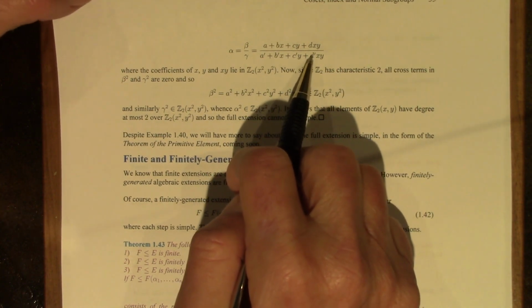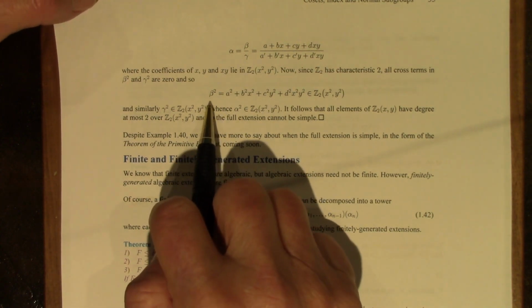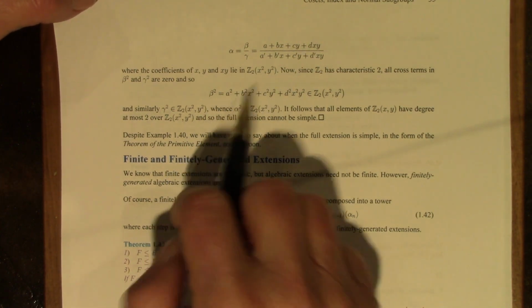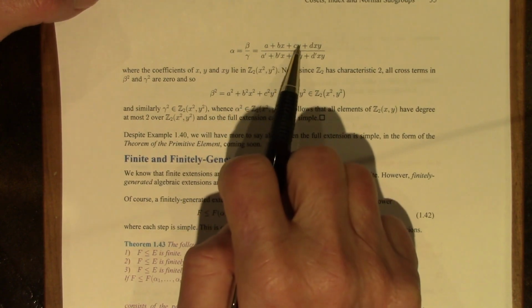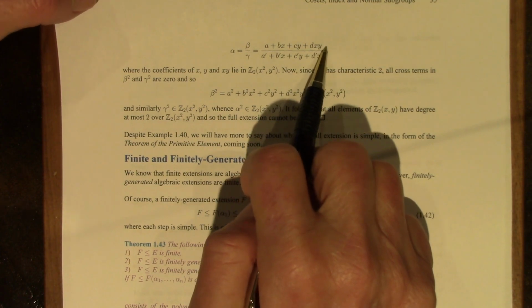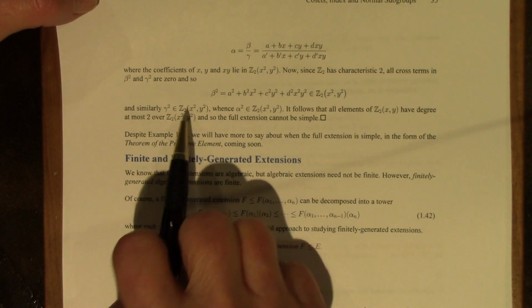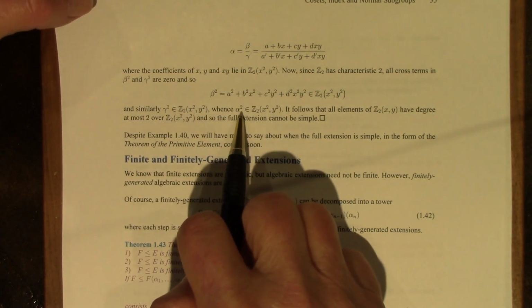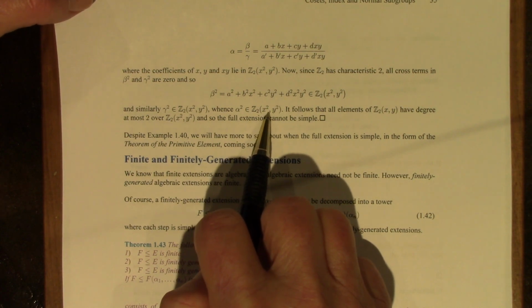In other words, they're 0. And so beta squared, for example, is just a squared plus x squared b squared plus c squared y squared plus d squared x squared y squared. And similarly for gamma. And so alpha squared belongs to the base field.